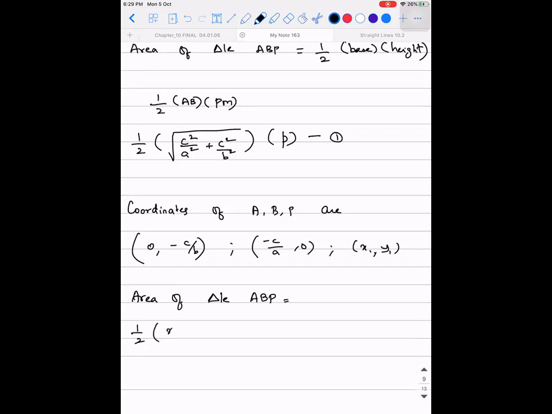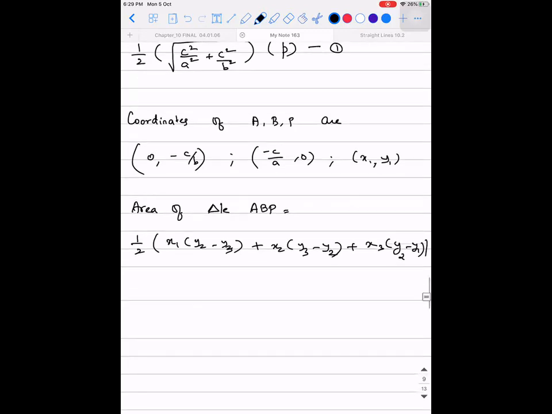Half into x1 into y2 minus y3, plus x2 into y3 minus y1, plus x3 into y1 minus y2. It follows a cyclic pattern, right?